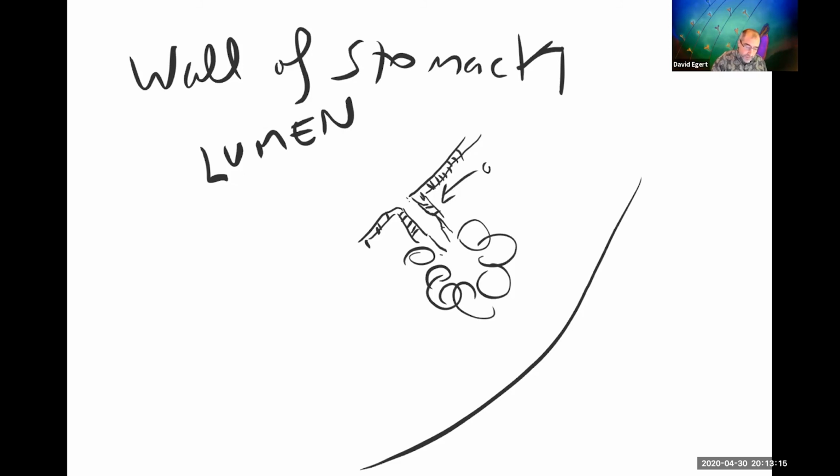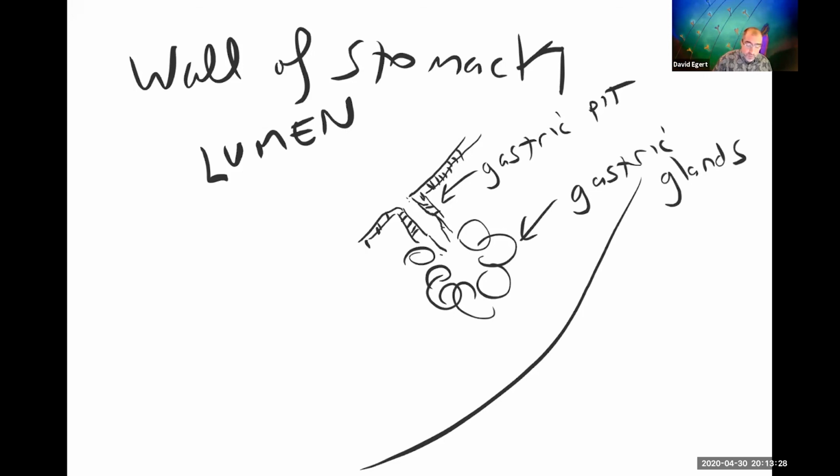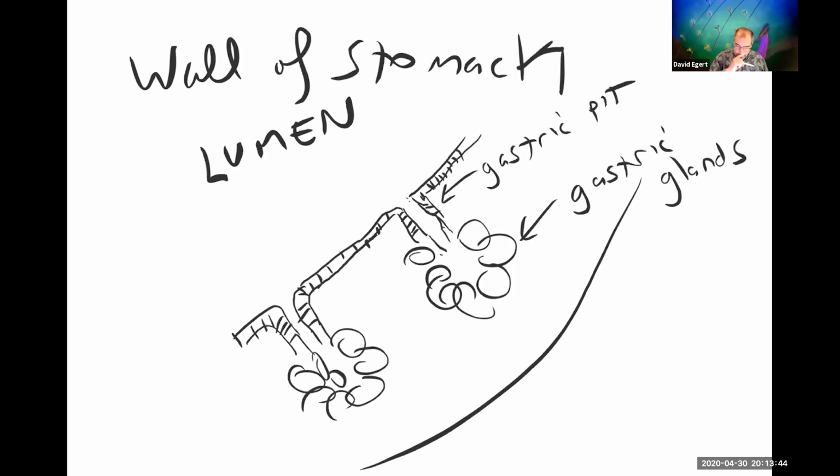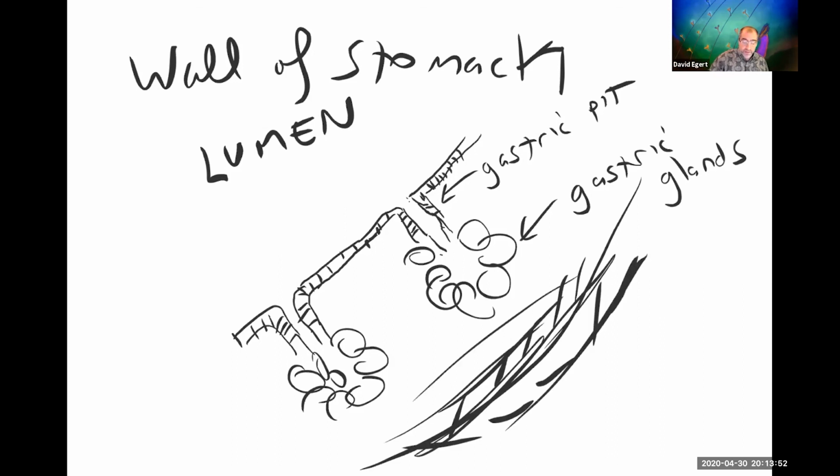So we have a gastric pit, basically a little hole going down. And then we have these gastric glands that are making stuff, and we'll talk about what they make in a second. All right, so this is the outside. And again, you'd have the muscularis and all that stuff out beyond that.